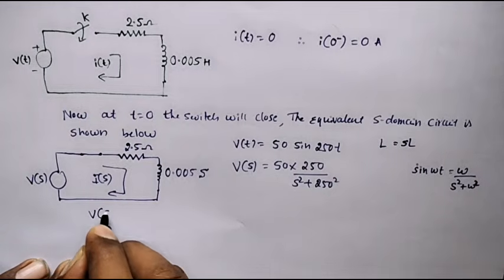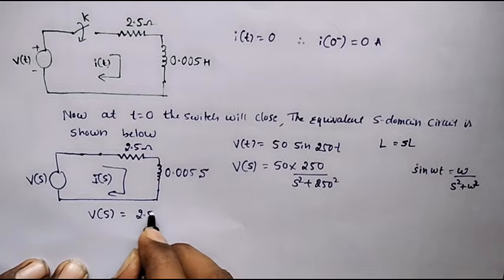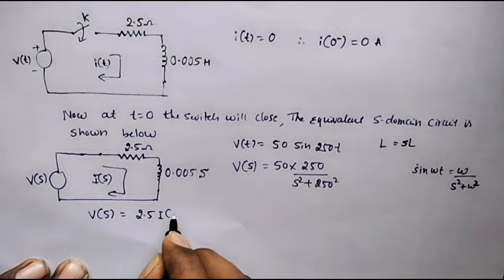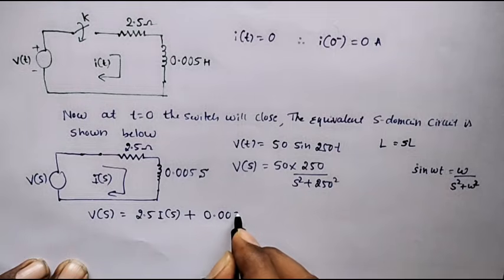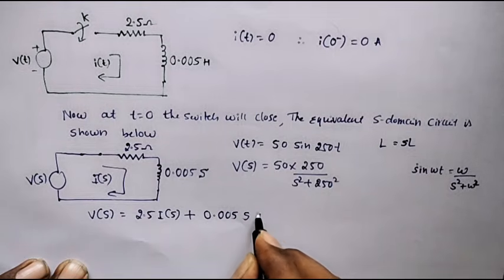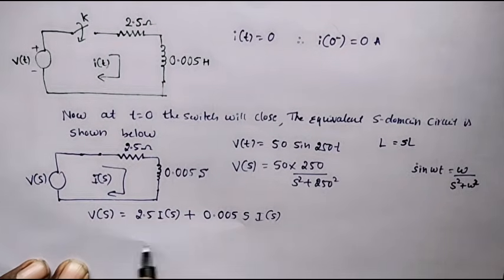That is, V(s) is equal to 2.5 I(s) plus 0.005 s I(s). So now let's take I(s) common.